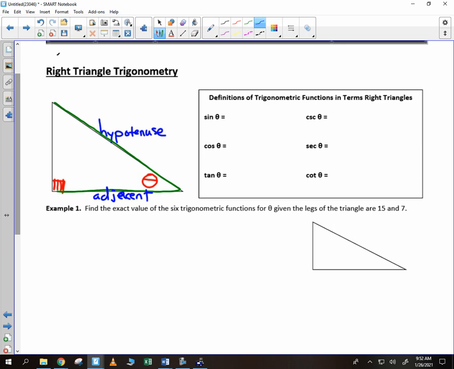Adjacent means next to the angle. You can see that the side helps make up the angle. And then finally, the one that sits across from the angle is the opposite side. And so we have opposite, adjacent, and hypotenuse.